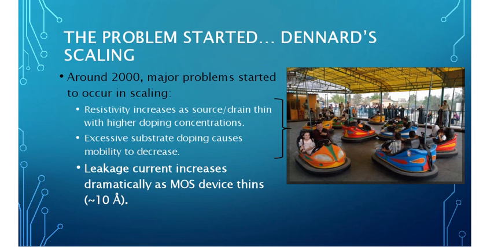In the later part of the last century, scaling of MOS devices for microprocessors was the key to better performance. This is known as Dennard scaling. However, around the year 2000, 2004 as mentioned in the lectures, major problems started to occur in scaling. First, you have resistivity, which increases because your source and your drain are thinning, as well as your substrate is thinning, but you keep increasing your doping concentrations.